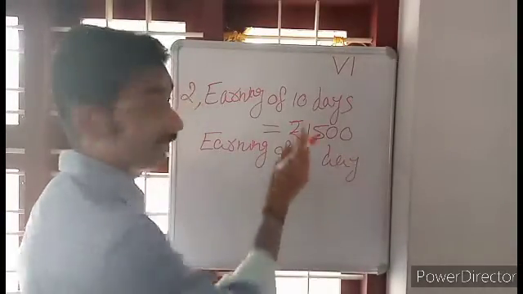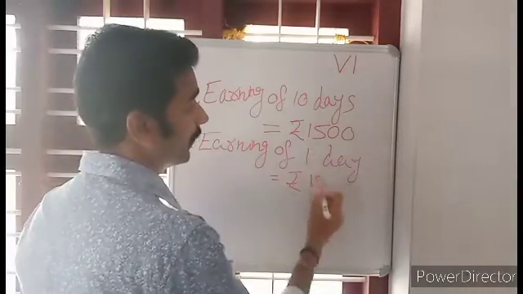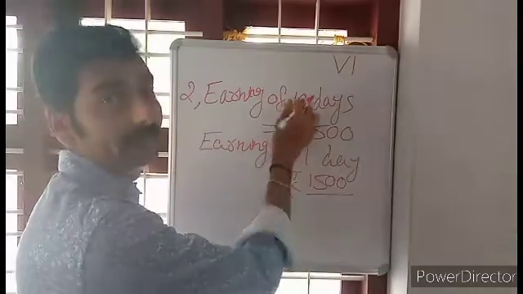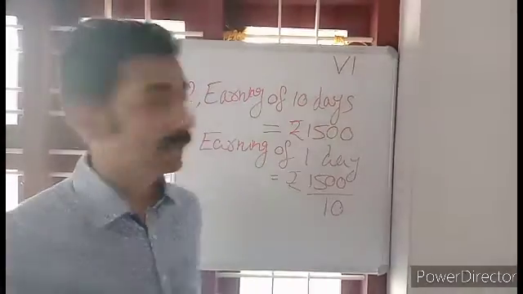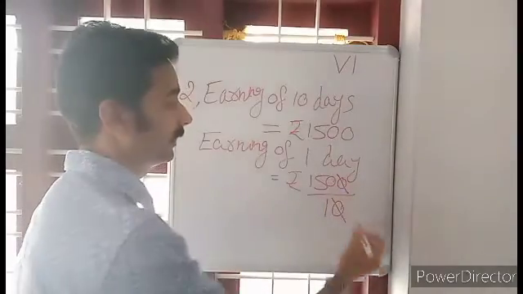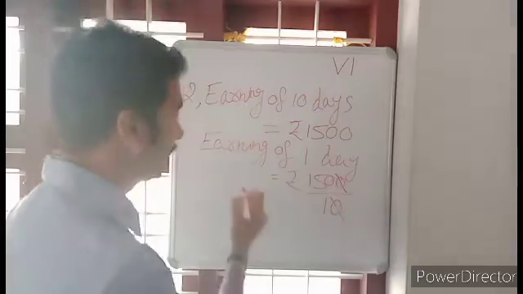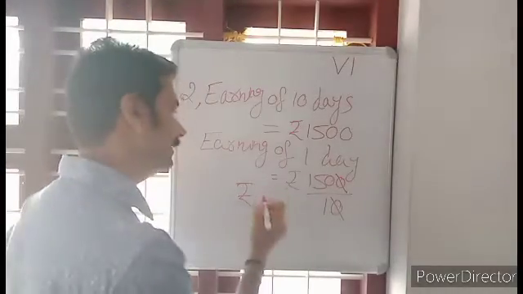That means rupees 1,500 divided by 10. Then 0 cancel. Rupees 150 divided by 1 is rupees 150.